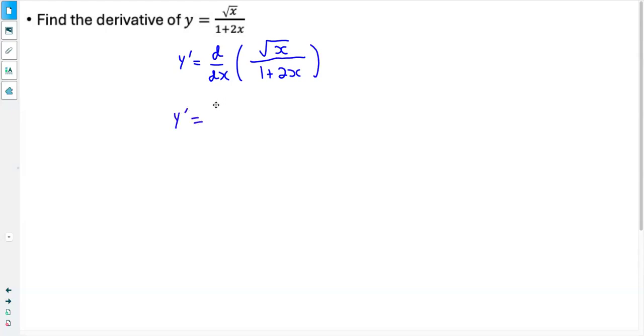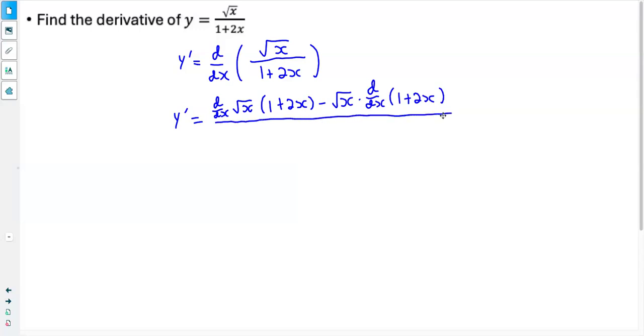So that would be the derivative of our numerator, so d over dx of square root of x, times our denominator, so 1 plus 2x, minus our numerator of square root of x times the derivative of our denominator, which was 1 plus 2x, over our denominator squared.